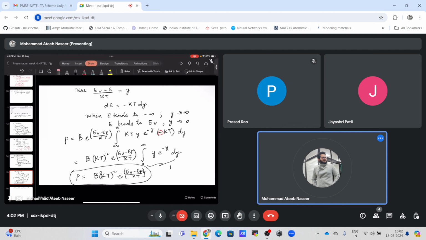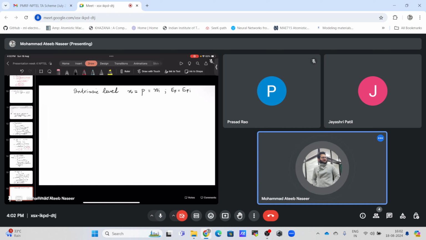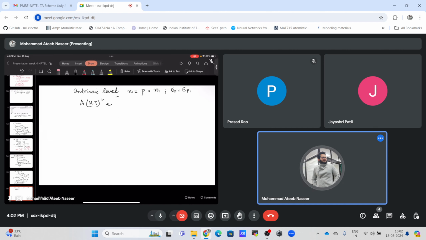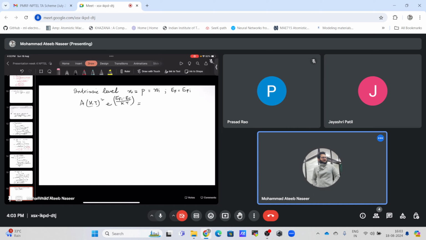We have to equate those N and P. N is A times kT squared exponential of EF minus EC by kT, where EF is now EFI, equal to P. P came out to be, sorry, B times kT squared, not 2B, B times kT squared exponential of EV minus EF by kT.